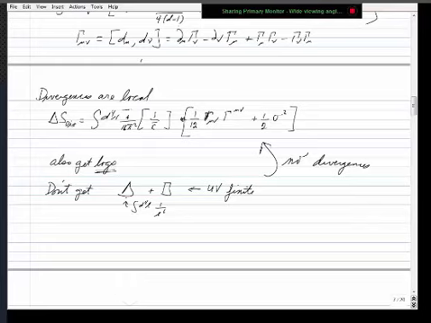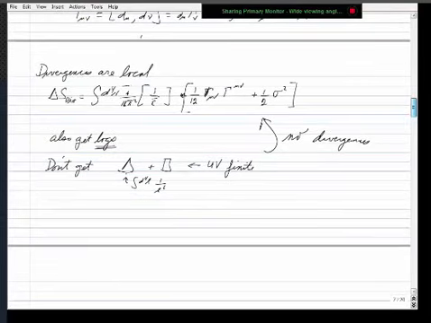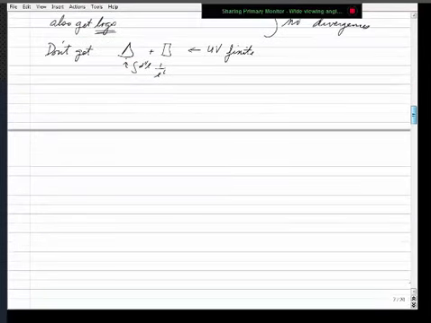You just have to take whatever gamma is there, whatever sigma is there, and you've got your divergence structure calculated once and for all. You also get the associated logs. Okay, so that's fine.